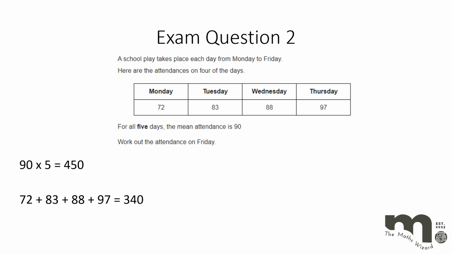Well, the 4 numbers that we currently have add up to 340. So if we take that 340 away from 450, Friday's got to have 110 people attending for the mean to be 90. And if you wanted to check that, if you added up those 5 numbers and divided by 5, you would get that 90.